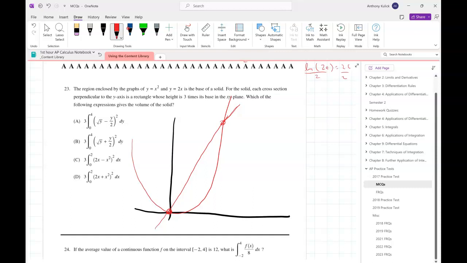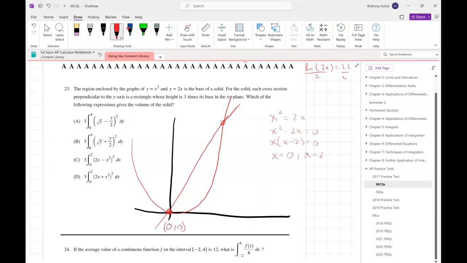We're necessarily going to be interested in the area enclosed. So we need to know where x squared is equal to 2x.